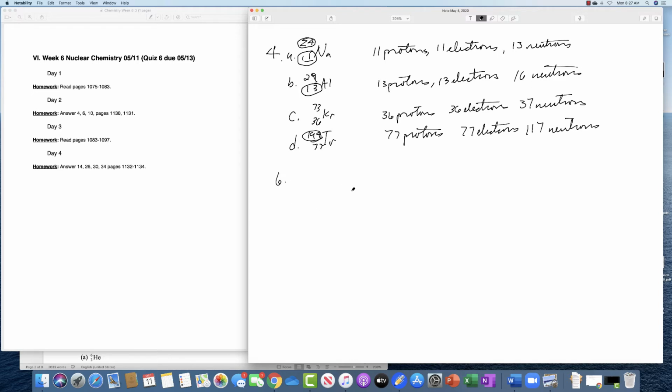Number 6. Calculate the density of a magnesium nucleus in grams per milliliter, assuming that it has the typical nuclear diameter of 1 times 10 to the minus 13 centimeters and is spherical in shape. Well, you know that density is equal to mass divided by volume.